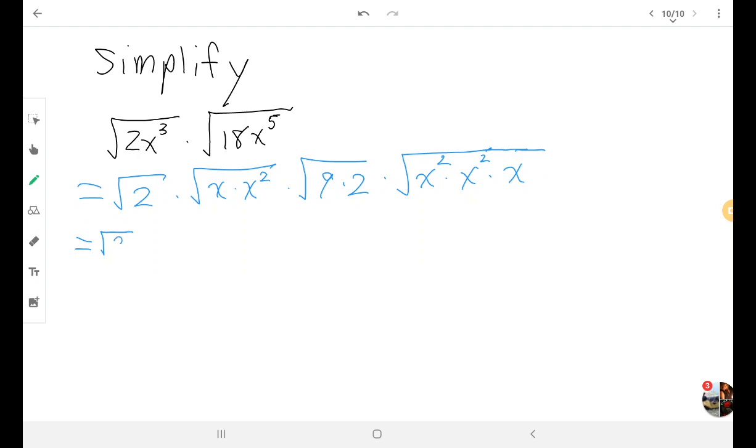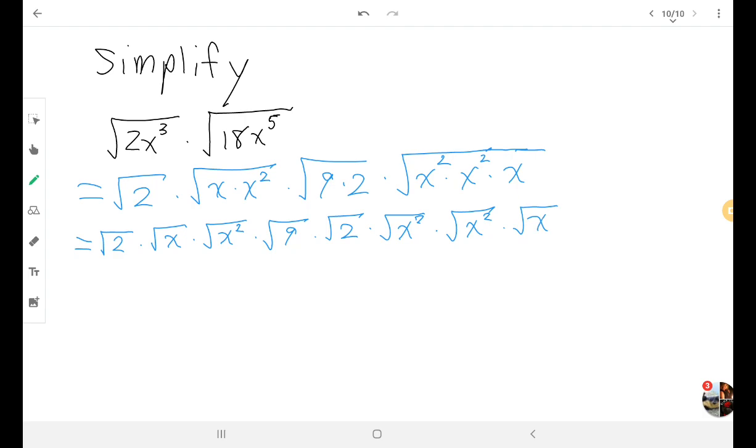So now I've got the square root of 2 times square root of x times square root of x squared times square root of 9 times square root of 2 times square root of x squared times square root of x squared times the square root of x.